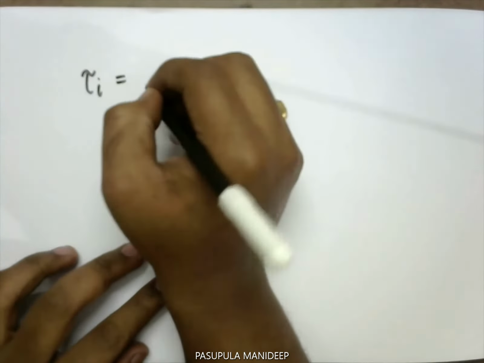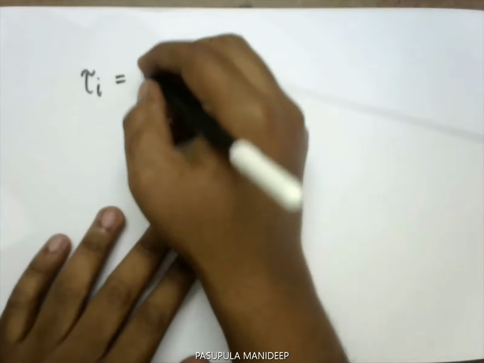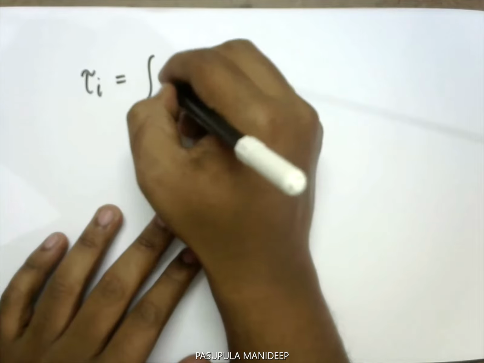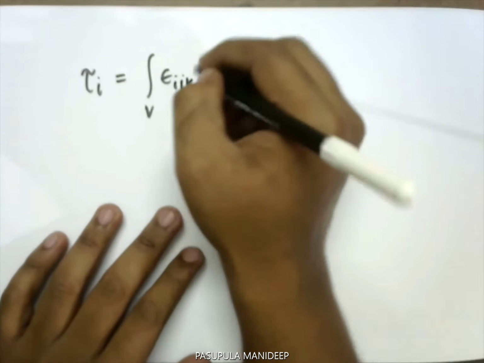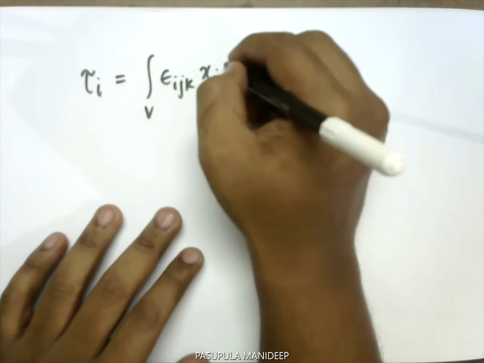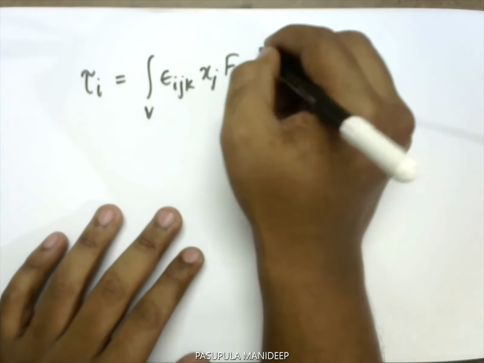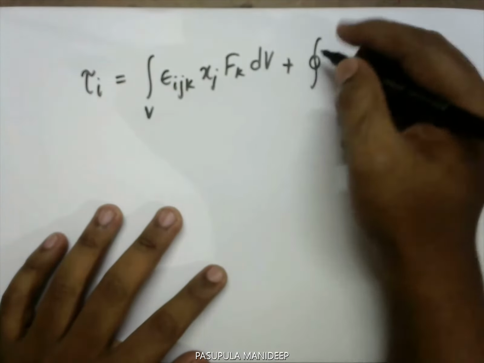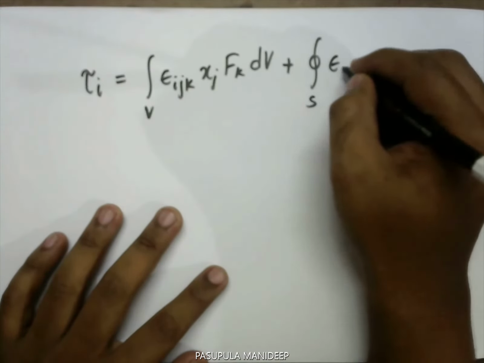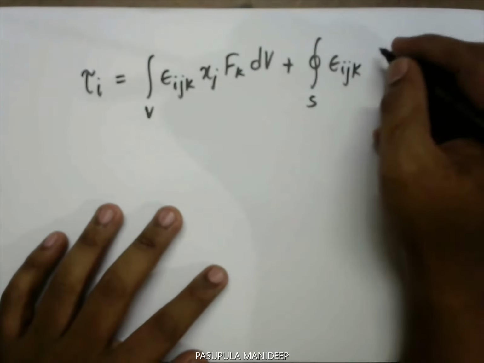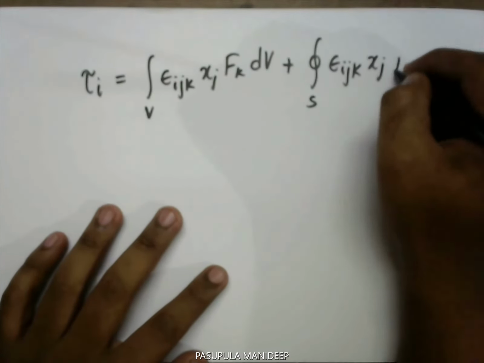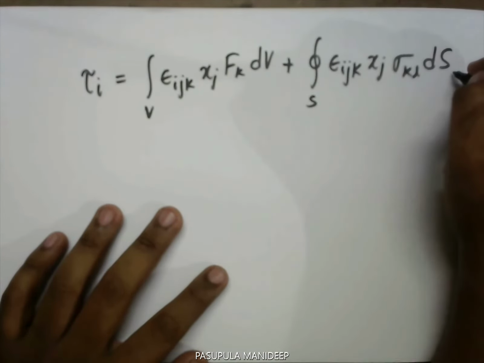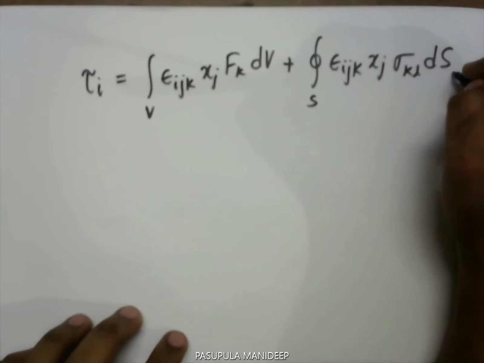Now we can write this in index notation as the volume integral of epsilon ijk xj fk dV plus the surface integral of epsilon ijk xj sigma kl dSl.